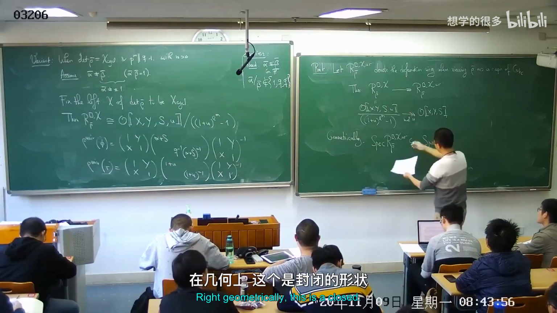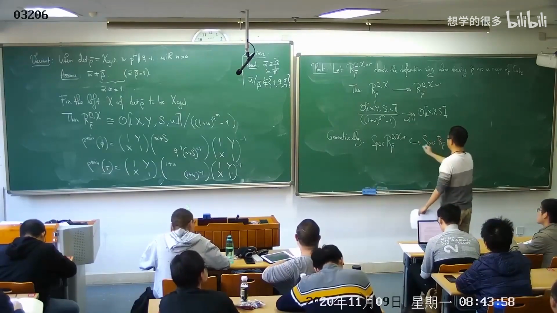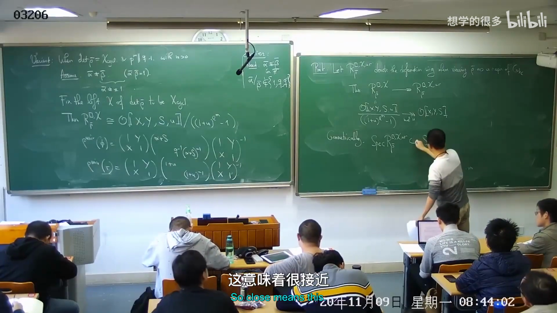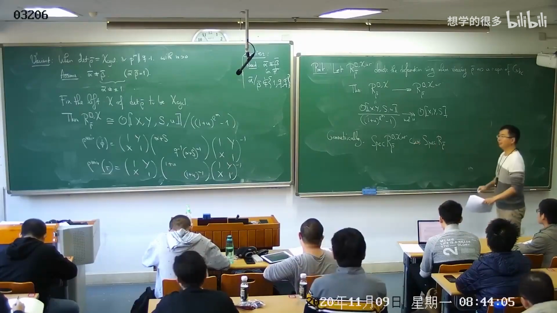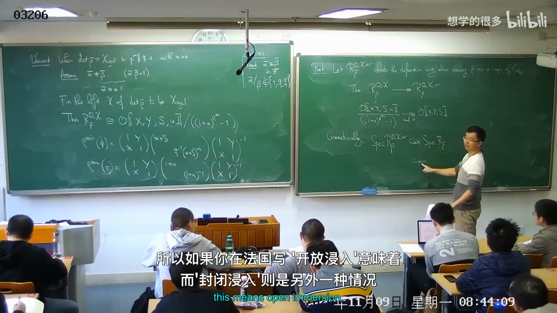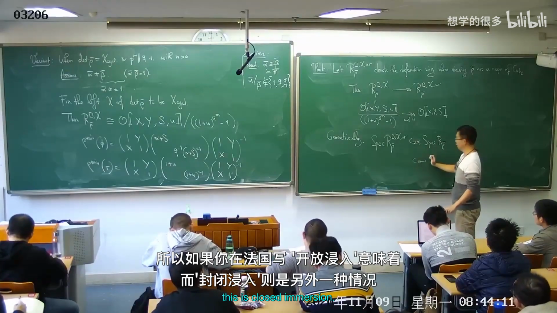Right, geometrically, this is a closed, oh, maybe I should use the French version. So closed means this. If you write in France, this means open immersion. This is closed immersion.